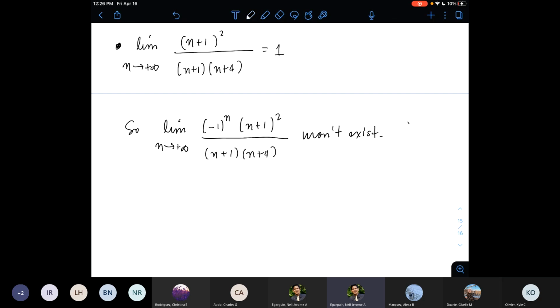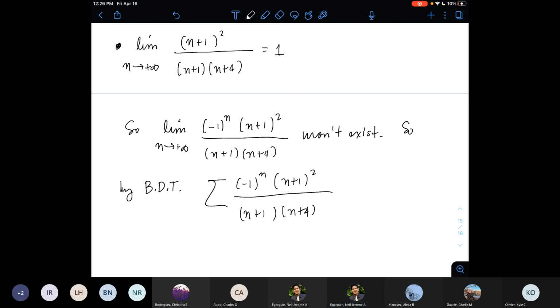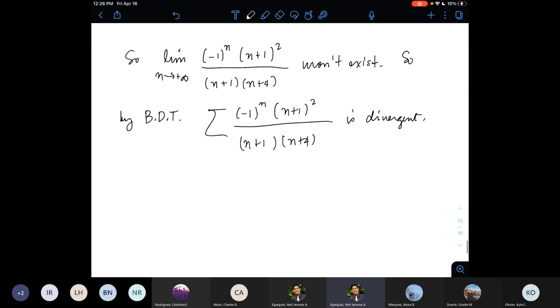So by the basic divergence test, the given series is divergent. So this guy is divergent, and it follows that the one with the absolute value will also be divergent.